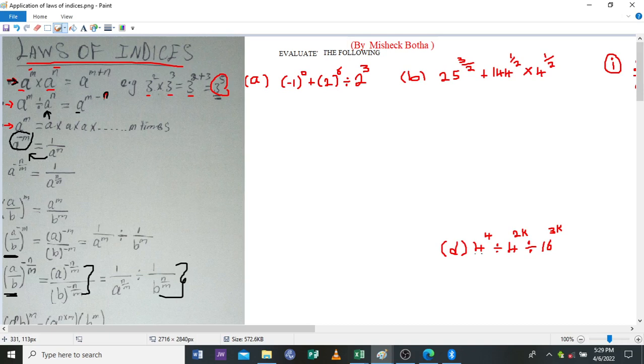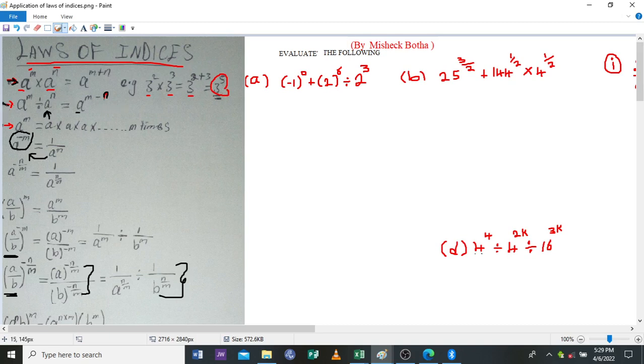And under multiplication, we take one base and add the powers. So we have 3 to the power 2 plus 3. Now 2 plus 3, these are the powers of base 3. This means 3 to the power 2 plus 3 can be written simply as 3 to the power 5.